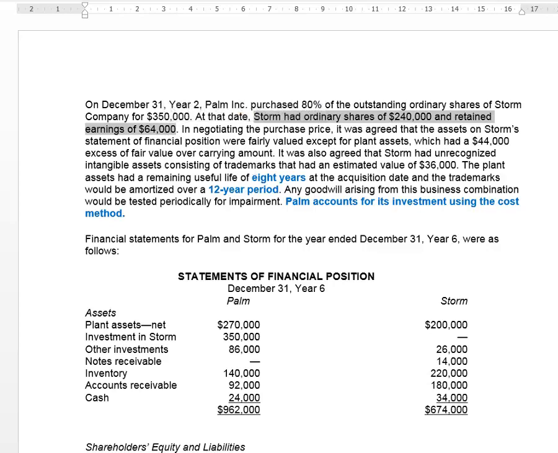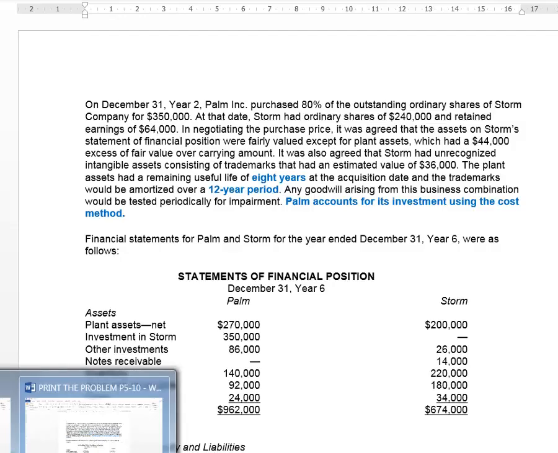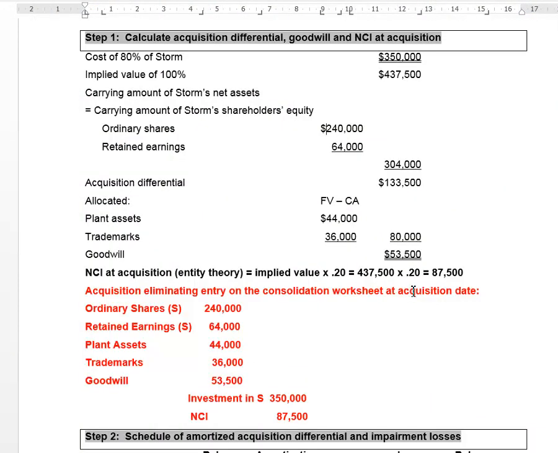You'll notice we don't have the separate entity balance sheets at that date, so we can still use the shareholders' equity of the sub at the date they became related to get the net identifiable assets that Palm now controls at acquisition date. Those two amounts total $304,000.